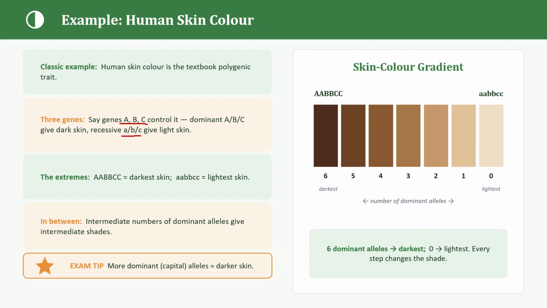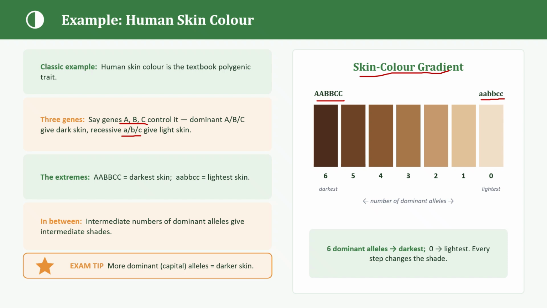A person with the genotype AABBCC, all dominant, possesses 6 dominant alleles and therefore has the darkest skin color. A person with all recessive alleles has the lightest skin color.